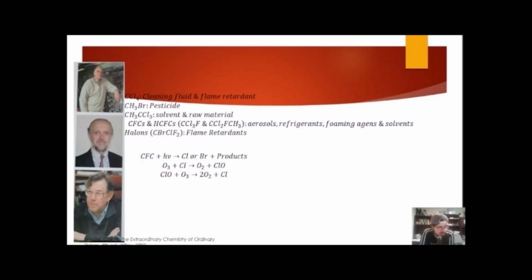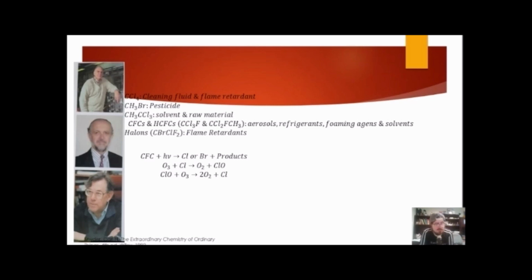Or no, that might be methyl trichloride or ethyl trichloride. We have various CFCs, chlorofluorocarbons, and hydrochlorofluorocarbons, like trichlorofluoromethane or dichlorofluoroethane, which are used in just about everything.